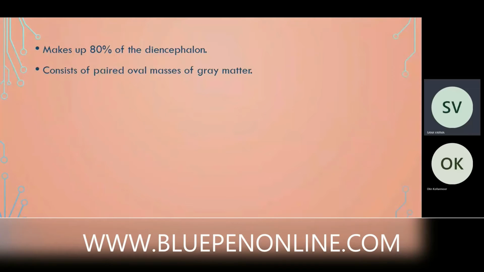In the brain, once again, gray matter is seen outside and white matter inside. So the thalamus is just a cluster of gray matter in the diencephalon. It is also known as the relay station for all incoming motor and sensory information.